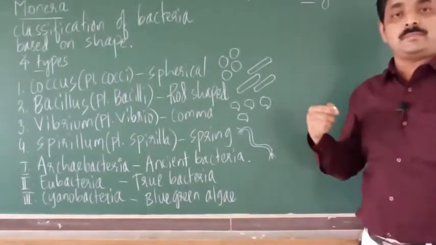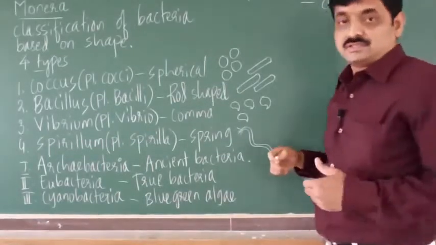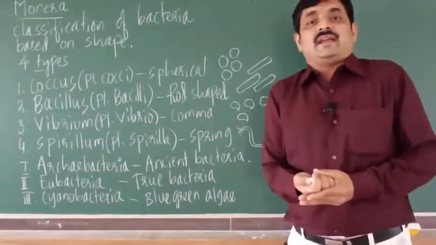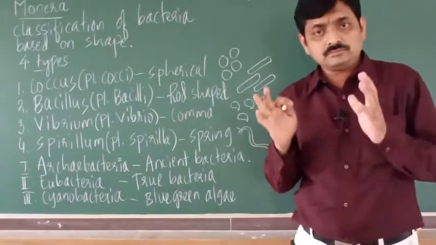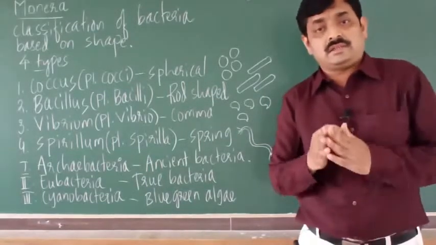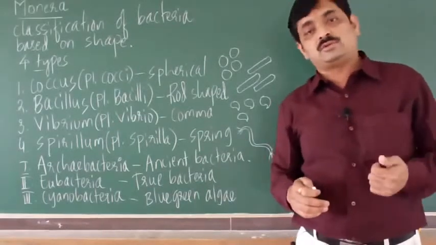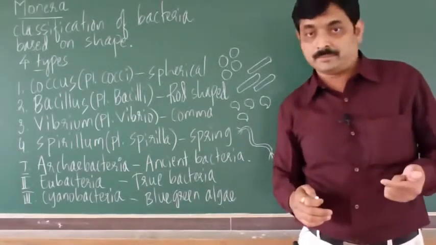The first is the methanogens. Methanogens are the bacteria which produce methane, right? Methane is a gas that is produced by these bacteria. That's why they are called methanogens. The example of methanogen is Methanobacteria.